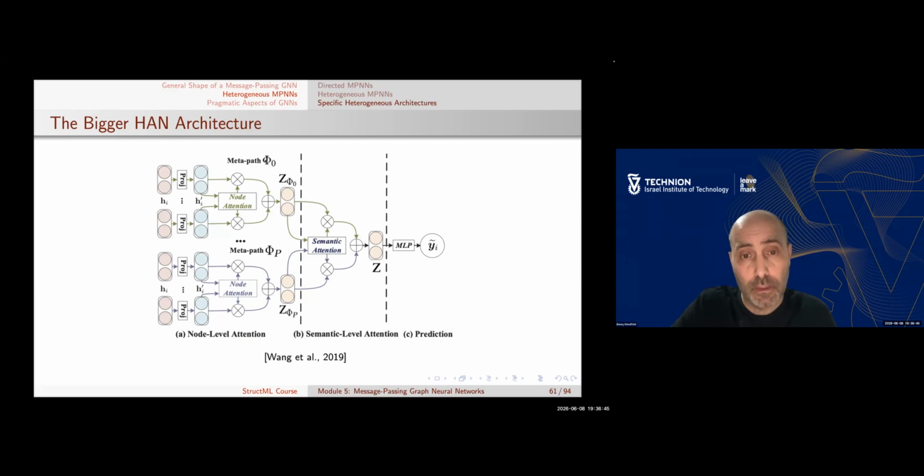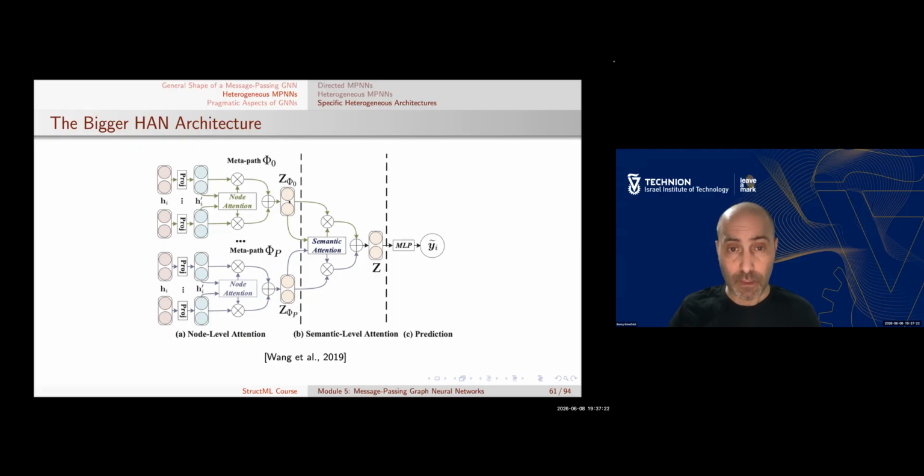This is another way of describing the HAN, now with the metapath. You have P metapaths, phi 0 to phi P. Again, node level attention, where we focus on one metapath and, for each node, we attend to the nodes that are neighbors through this metapath phi 0.